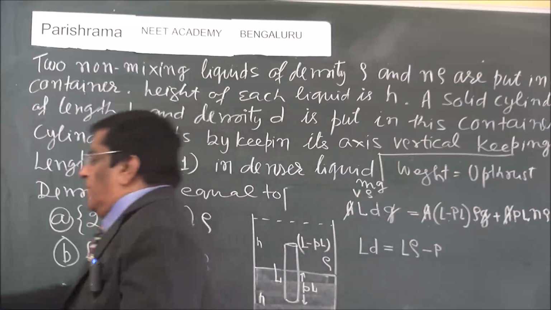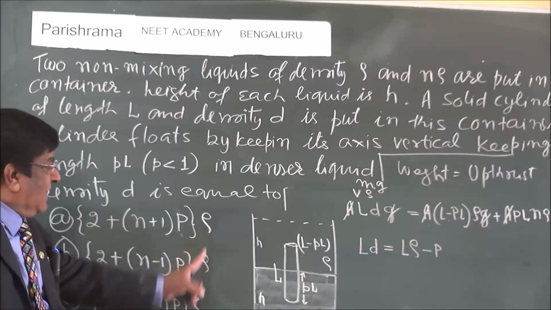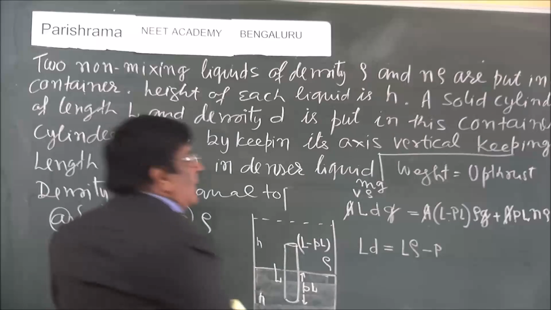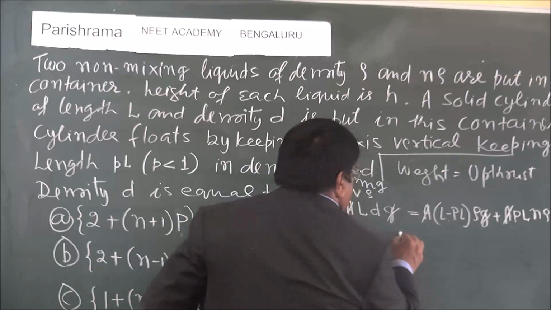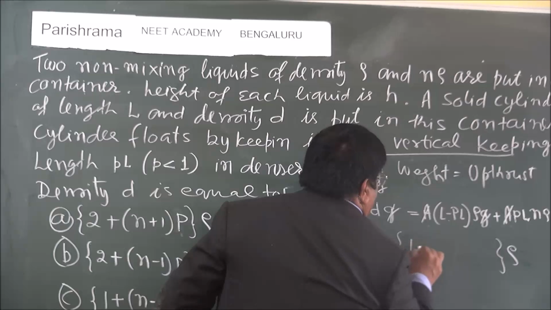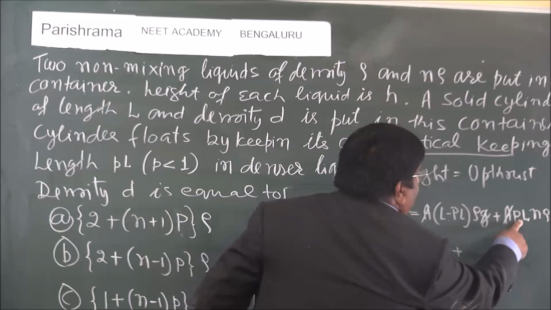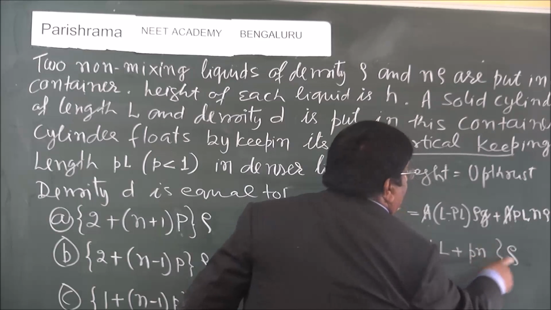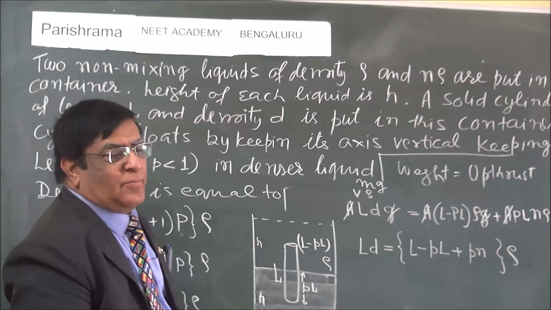Let's keep rho as common, because you see in the answer rho is outside everywhere. That means rho must be common. So let's not multiply rho, we will keep it as common. Rho times (L minus PL plus P into N into L). Rho is taken as common.